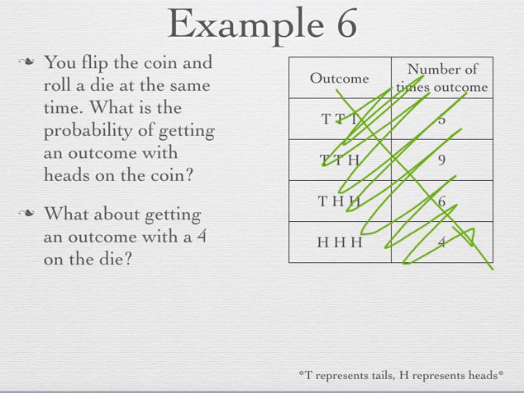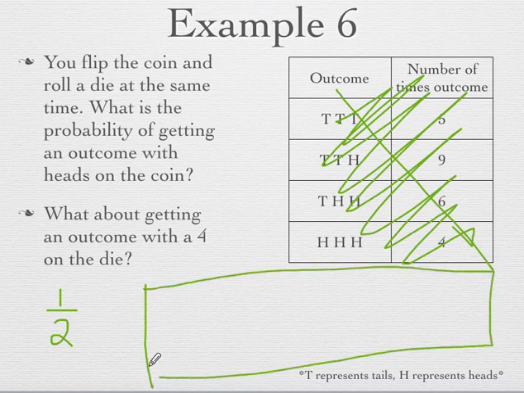Remember that if you get a head on the coin, your probability is 1 out of 2. And at the same time on the die, let's lay out a table here.